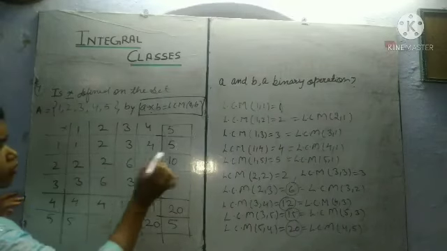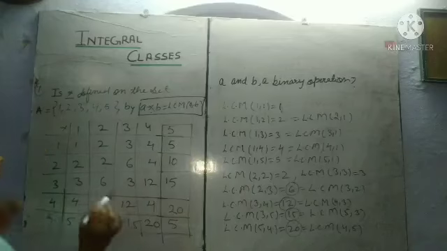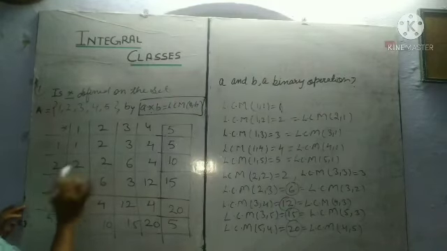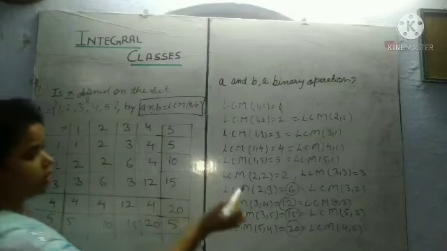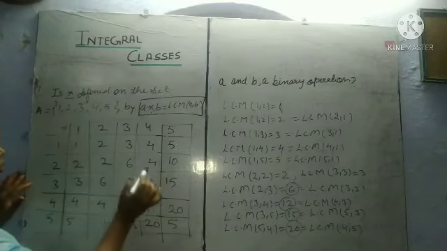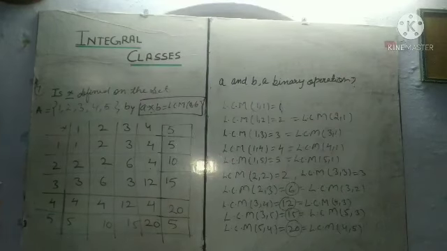LCM of 1 and 4 is 4. And LCM of 1 and 5 is 5. Now next line: LCM of 2 and 1 is 2, LCM of 2 and 2 is 2, LCM of 2 and 3 is 6, LCM of 2 and 4 is 4, LCM of 2 and 5 is 10.